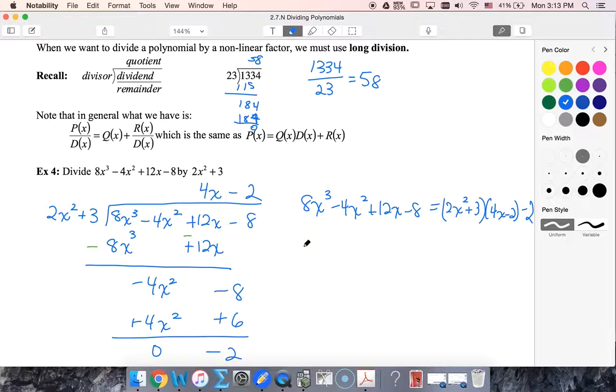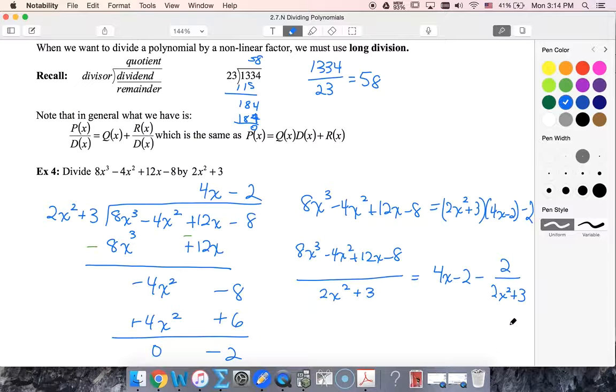I could also write this as 8x cubed minus 4x squared plus 12x minus 8 over my divisor, 2x squared plus 3, and say that that's equal to 4x minus 2 plus the remainder over 2x squared plus 3. So these lines are equivalent lines.